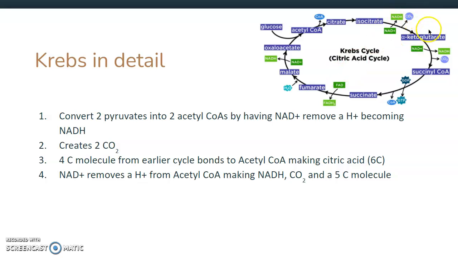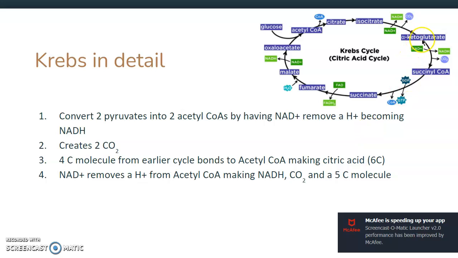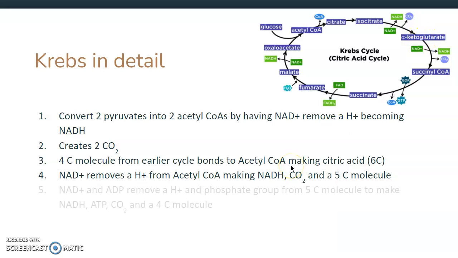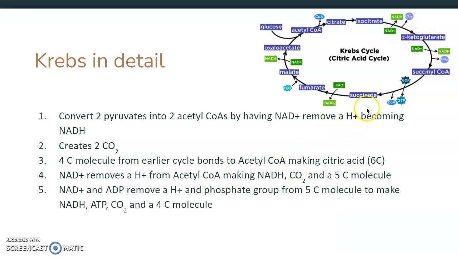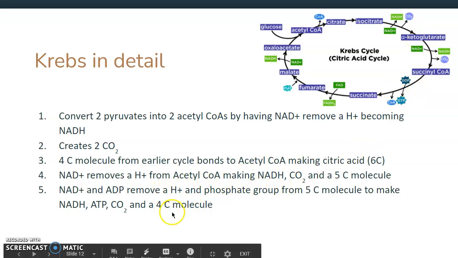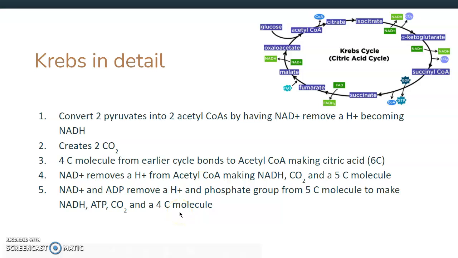we are at this point where we have a new 5-carbon molecule known as alpha-ketoglutarate. So our next step would be to create some more NADH, and this happens when NAD and ADP remove an H plus and a phosphate group from this 5-carbon molecule to make NADH, ATP, and some more CO2.